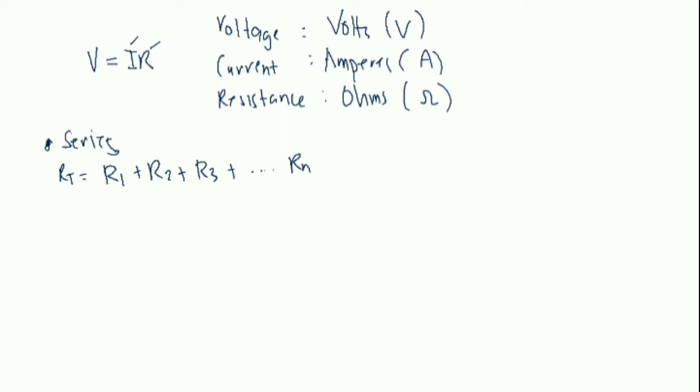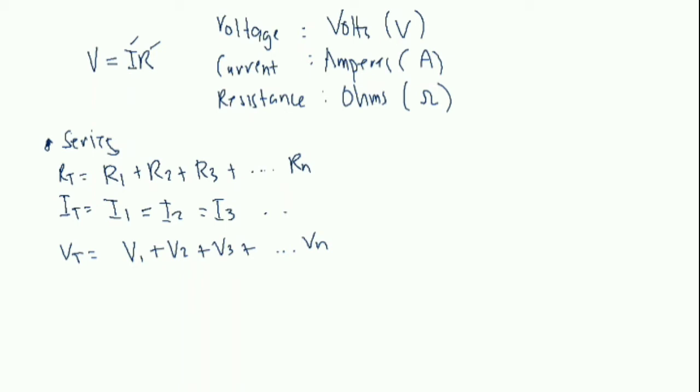And to solve for the total current, the total current is just equal to the current of resistor 1, which is also equal to I2, then equal to I3, and so on. And for the total voltage, that is just V1 plus V2 plus V3 and so on and so forth. So let's take for example this one.